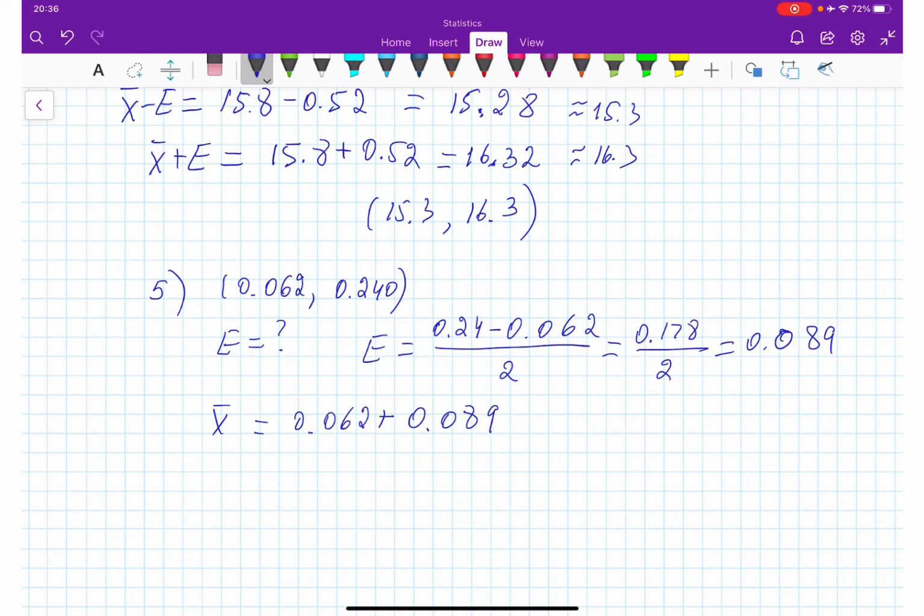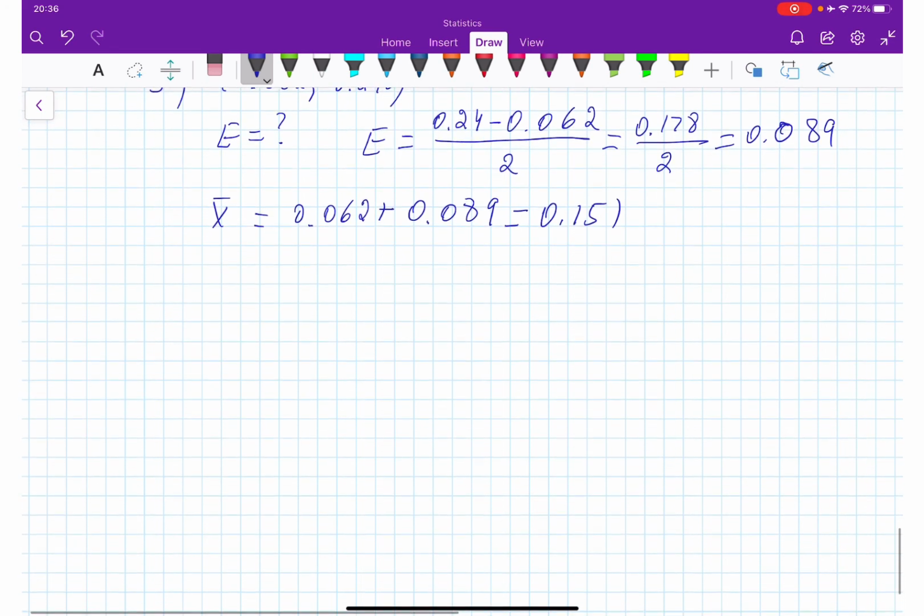That is equal to 0.089 plus 0.062, and we are getting 0.151. And that is our sample mean. Okay?